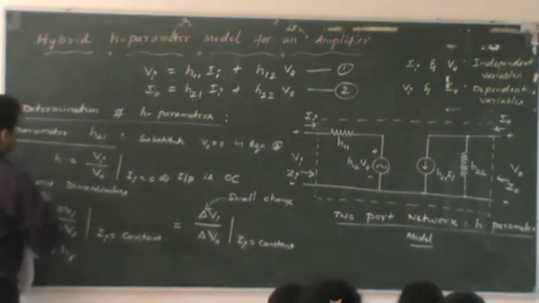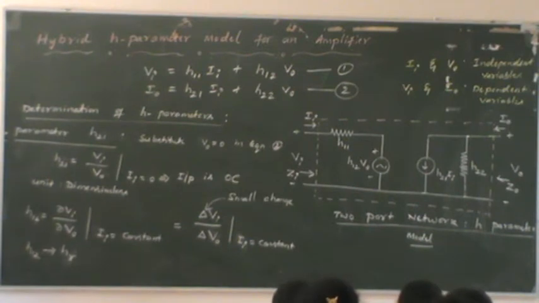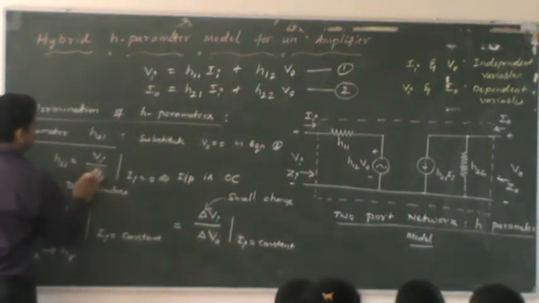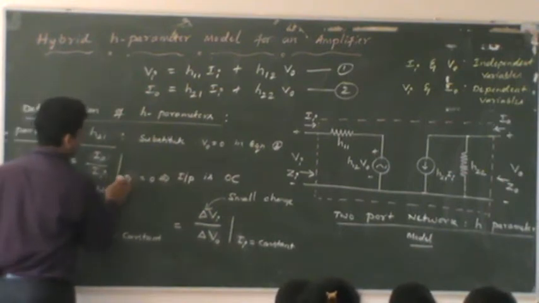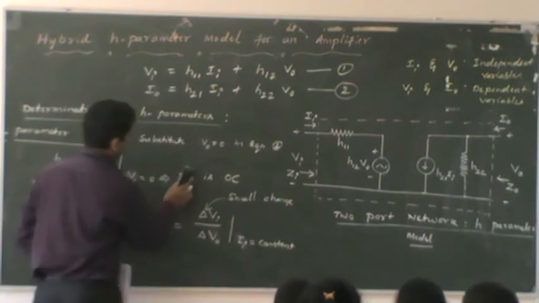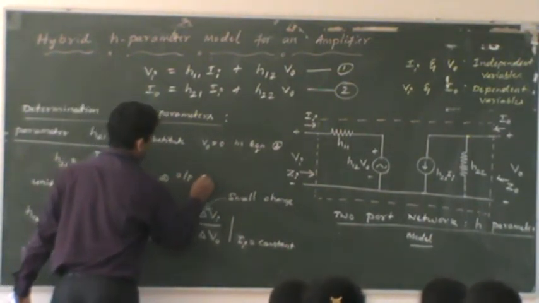When you make Vo as 0 in equation number 2, H21 is Io divided by Ii for constant Vo equal to 0. Vo equal to 0 indicates that the output is short circuit.